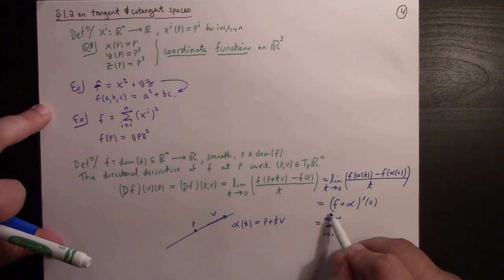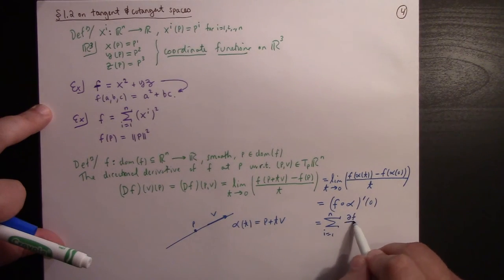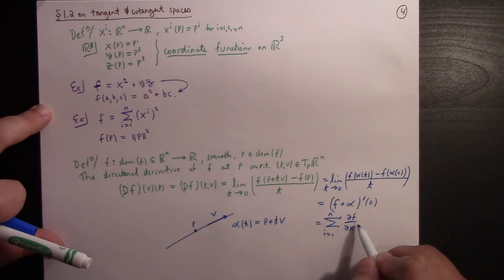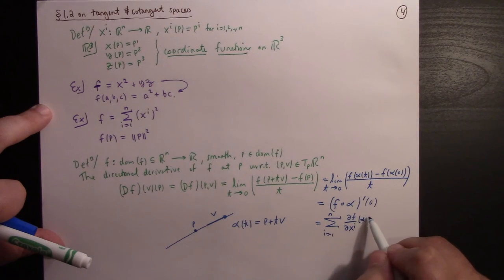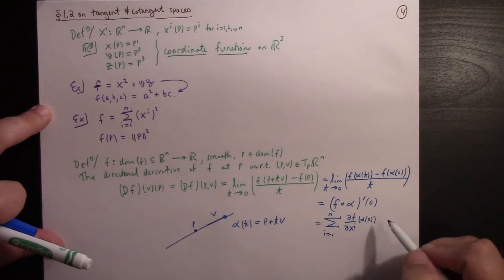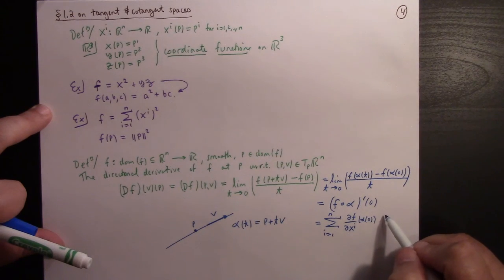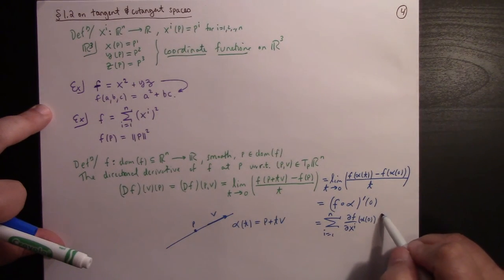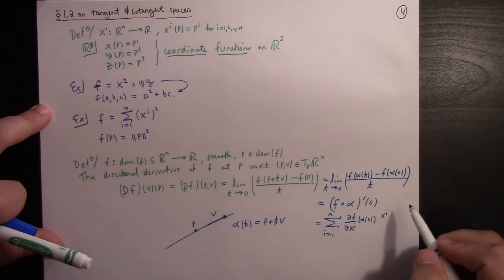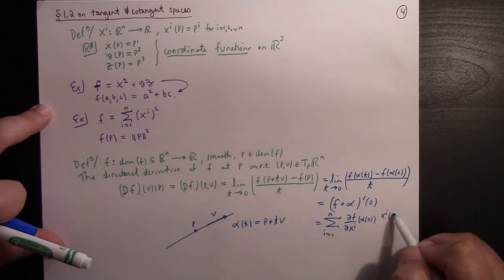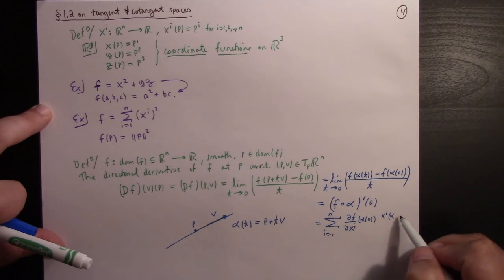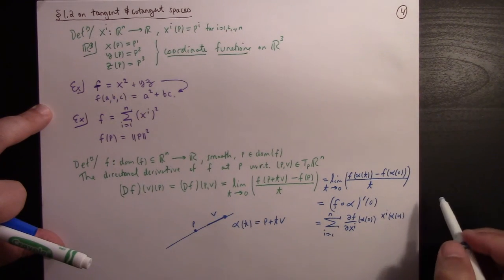Sum i equals 1 to n of partial f partial x^i at alpha of 0. Of course, that's just p, right? Times x^i prime of alpha, and I'll plug in 0, okay, fine.